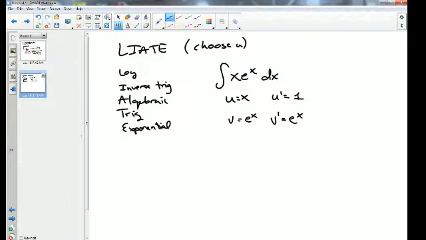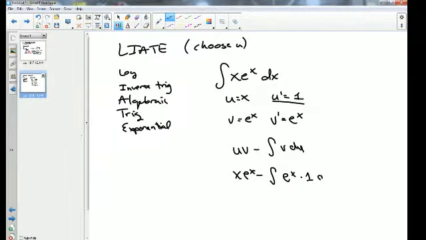Again, always writing down the formula just so we get it memorized: uv minus the integral of v du, and du is 1 again, thankfully.